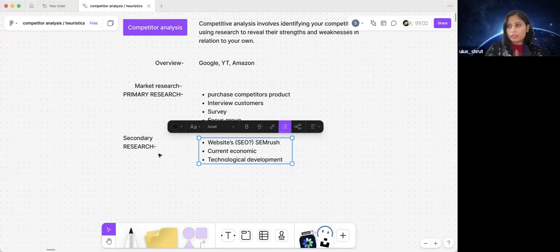Back in 2016 and 17, there were no wireless earphones, right? Apple came up with the idea of introducing wireless earphones in the market. That was a technological development.